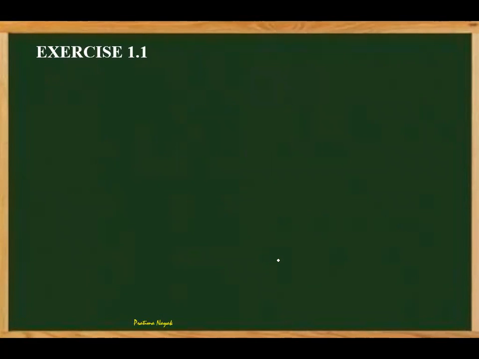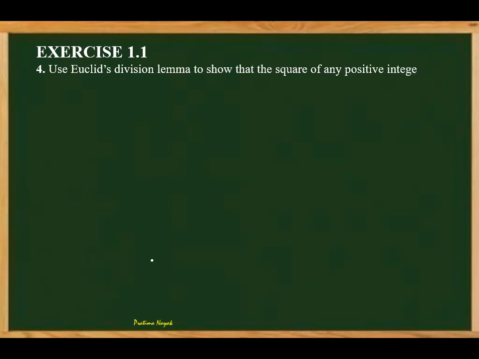Next is question 4. Use Euclid's division lemma to show that the square of any positive integer is either of the form 3m or 3m plus 1 for some integer m.